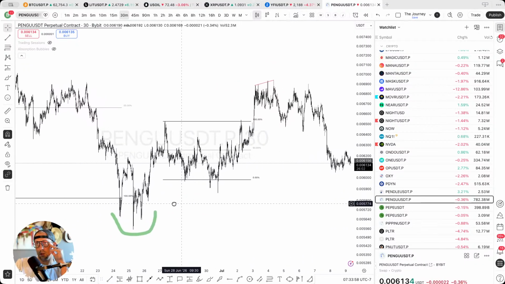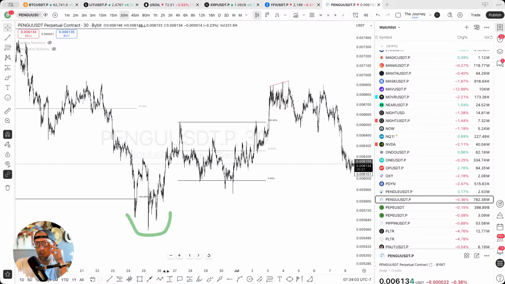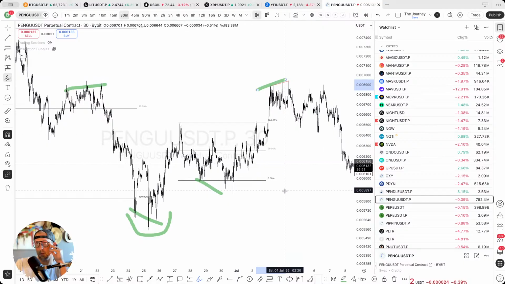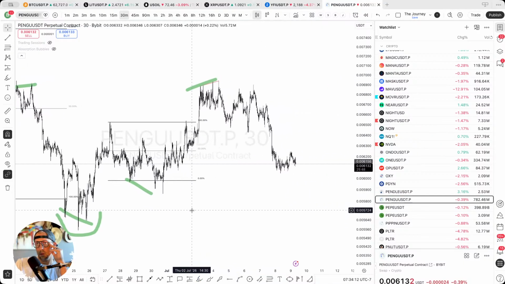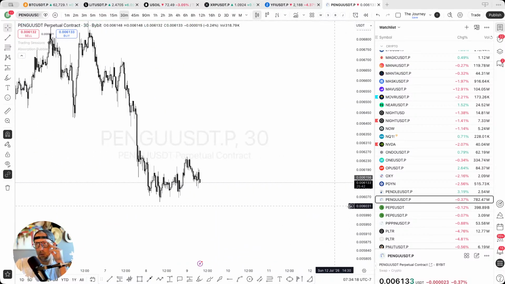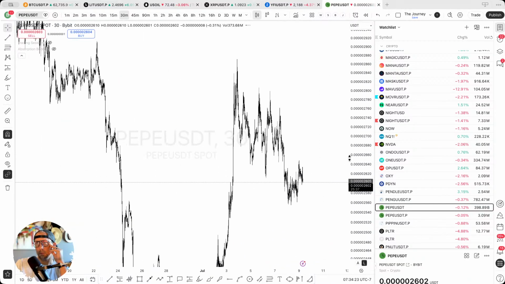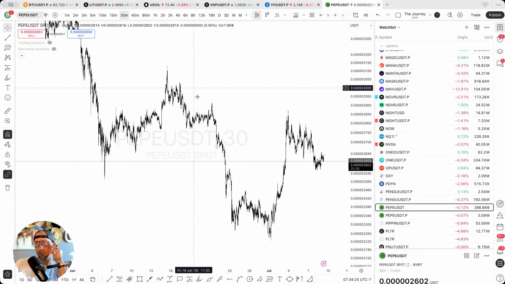It's interesting. Distribution, accumulation, reaccumulation, distribution. No reaccumulation yet. Not a believable one. No, I don't believe that.